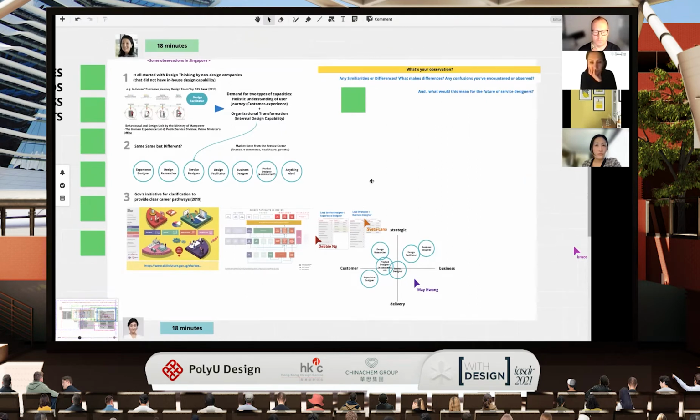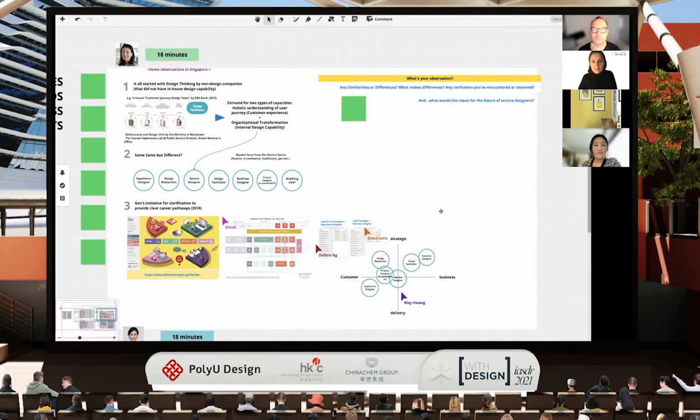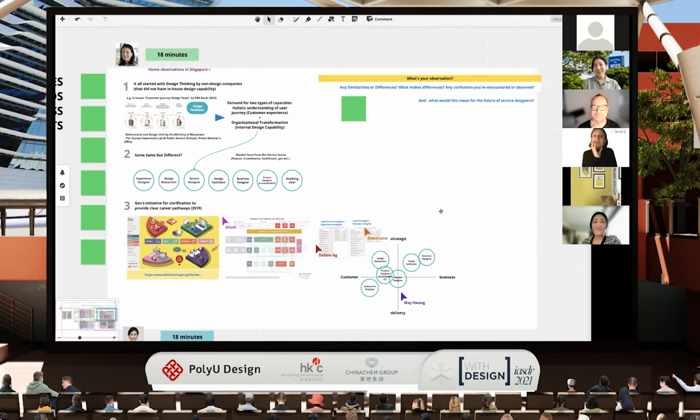Okay. Yes. First of all, if needed, I think it's necessary, and I think it's also good to see that you addressed these two keywords, service design and customer experience. If I understood your question correctly, there have actually been confusions between service design and customer experience design and user experience design.